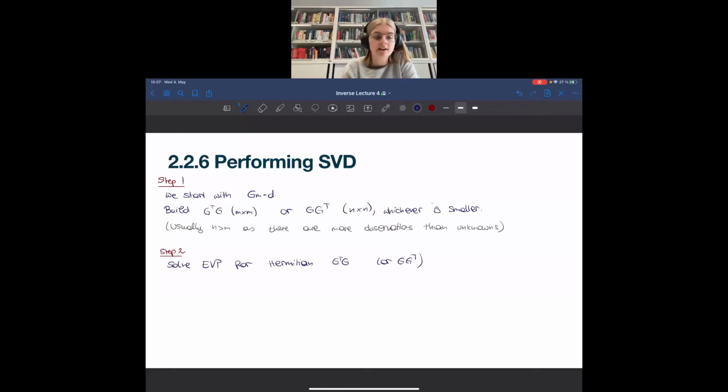The rest of the derivation is exactly the same if you assume otherwise. We assume G transpose G is smaller. So we have G transpose G times eigenvector Vi equals eta i squared Vi. And there's now two things we're gonna do. First, we would like to find the non-zero eigenvalues.